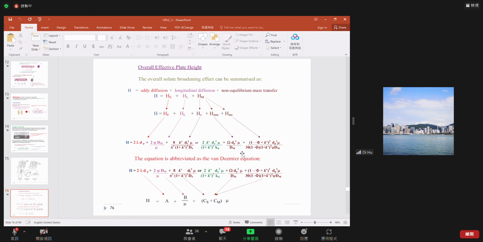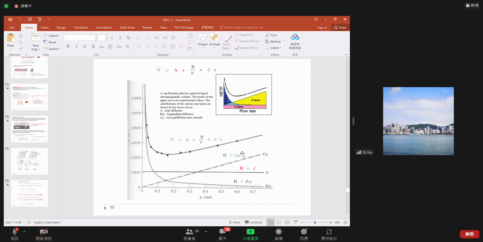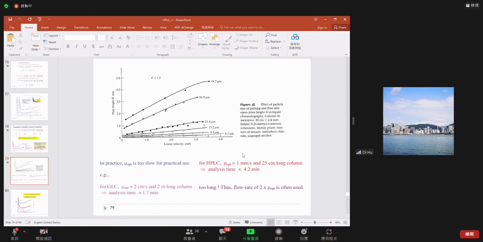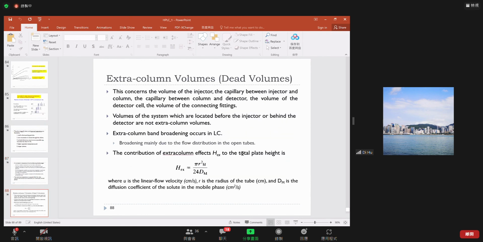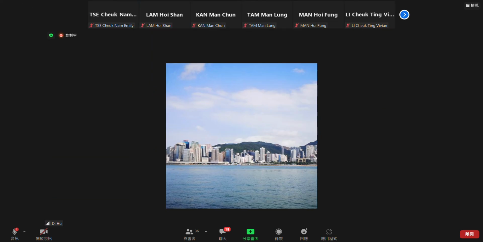And you know the non-equilibrium mass transfer, the C term, does matter in HPLC, from the moving mobile phase and stationary phase, and how that is related to dP as well. I hope you understand the meaning, and that is connected to UPLC as well. Then we talked about the different applications.